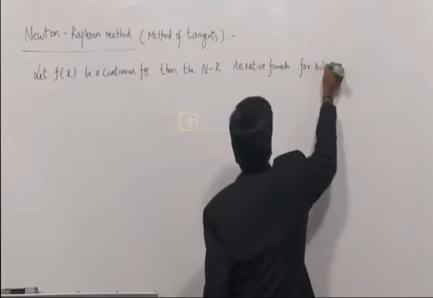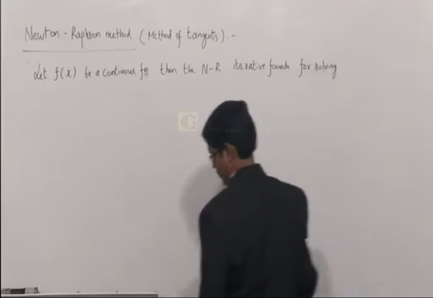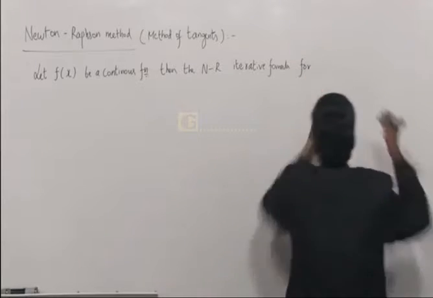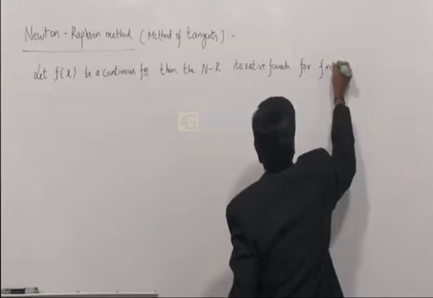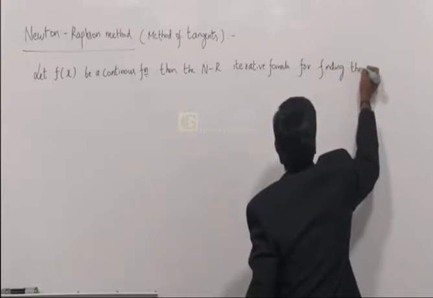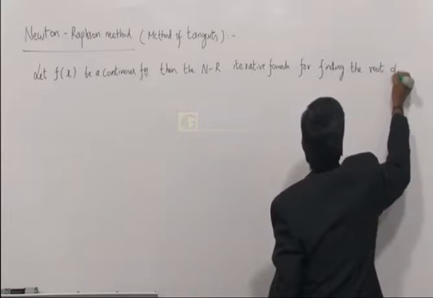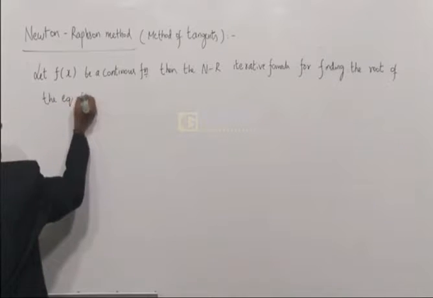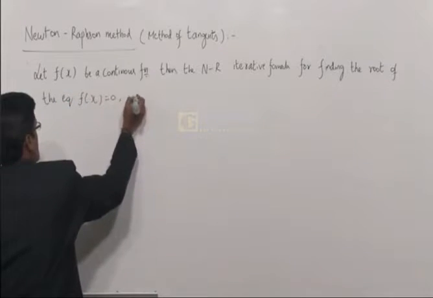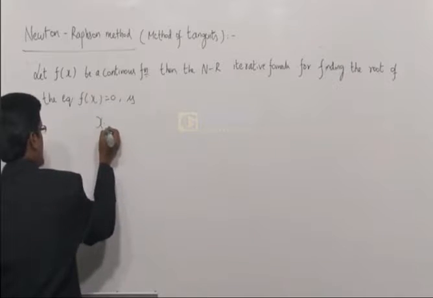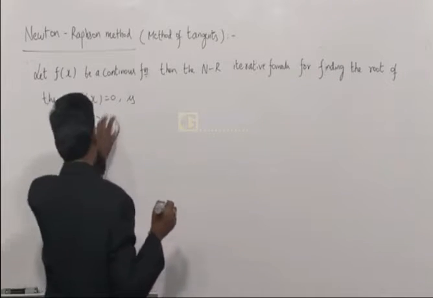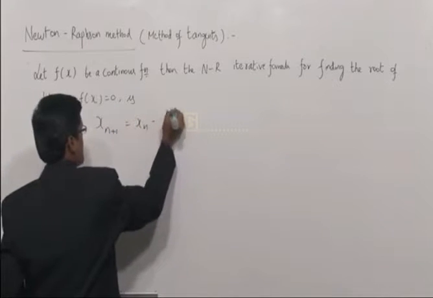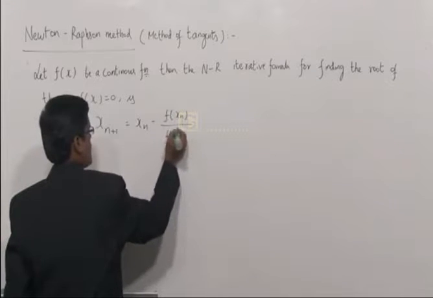For finding the root or a root of the equation f of x is equal to 0, the formula is x n plus 1 is equal to x n minus f of x n divided by f dash x n.